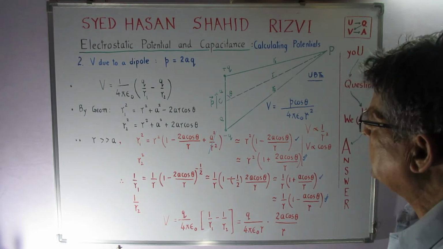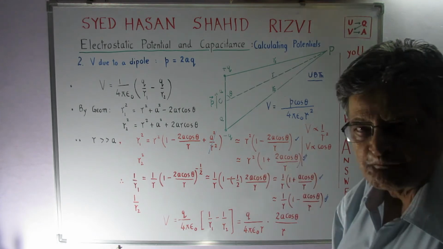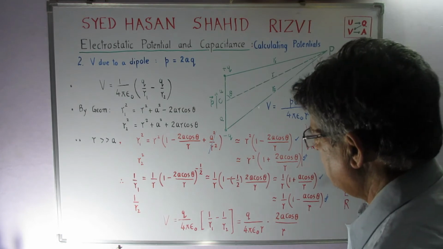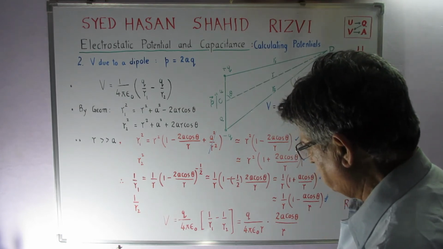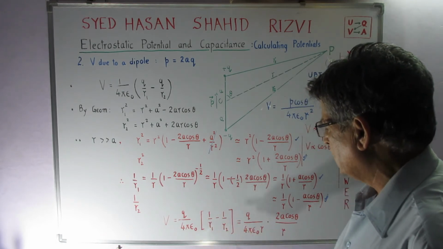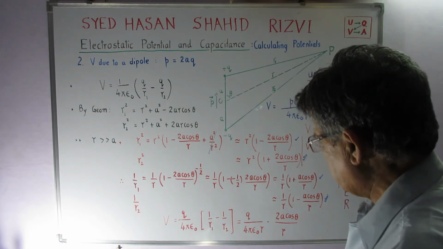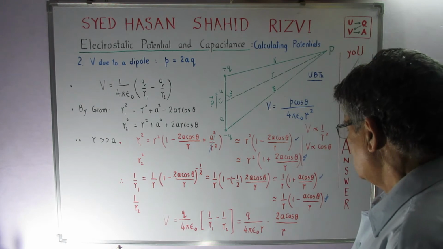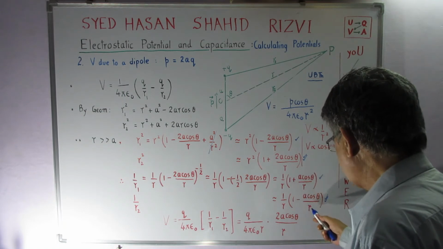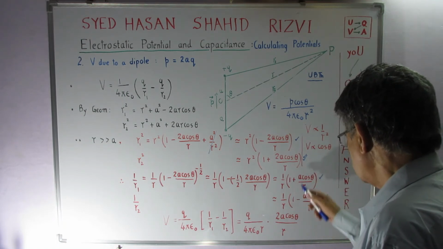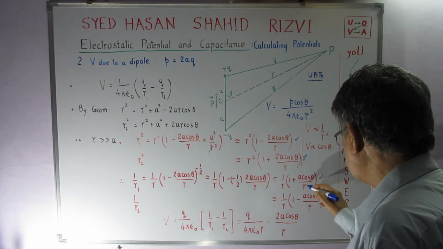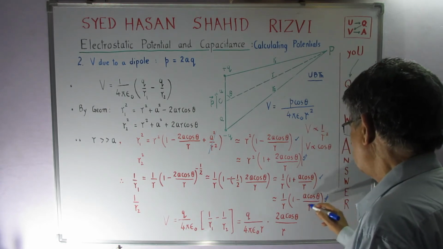So let us write the value of V at this point P. I am taking q as a common factor, so V will be equal to q upon 4 pi epsilon naught, in bracket 1 upon r1 minus 1 upon r2, and r2 is larger than r1. Now if we subtract this value from this value, the 1s cancel, 1 upon r remains, and here I get a cos theta upon r plus a cos theta upon r.